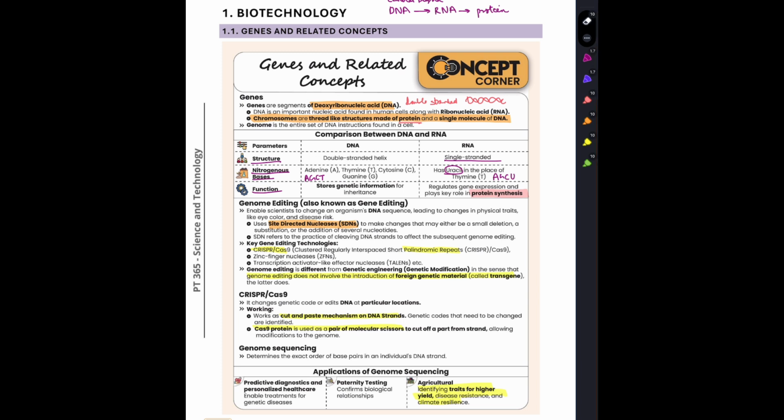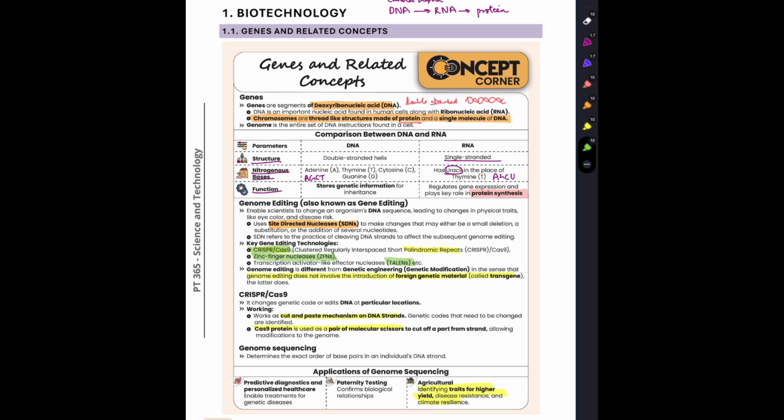Anyways, the other editing techniques are zinc finger nucleases, ZFNs, and transcription activator-like effector nucleases, TALENs. Just remember the short form, TALENs. Genome editing is different from genetic engineering or genetic modification, because to modify is like you are actually adding something, adding a foreign material.